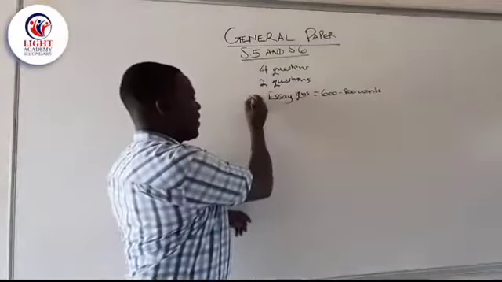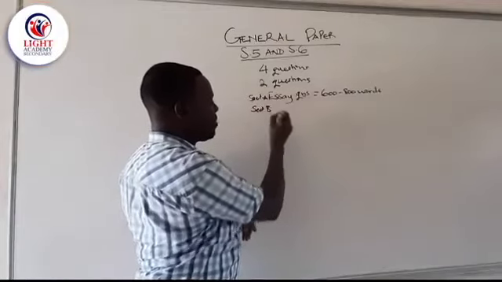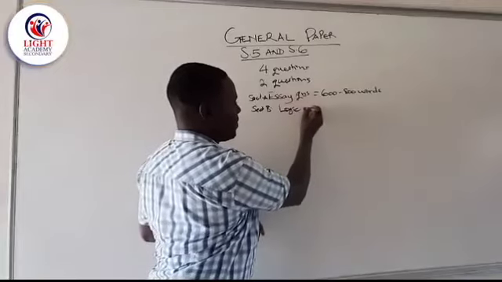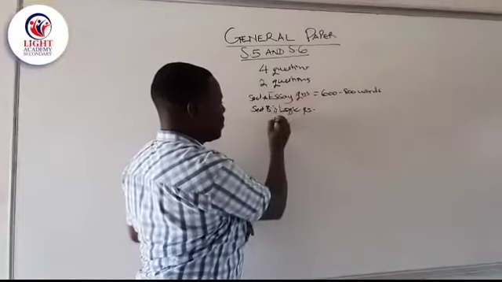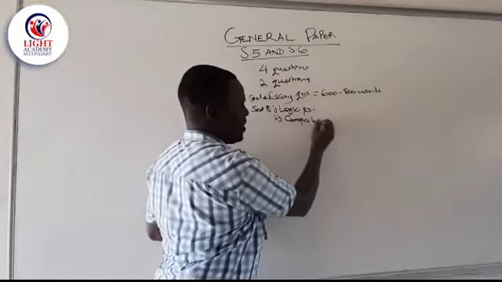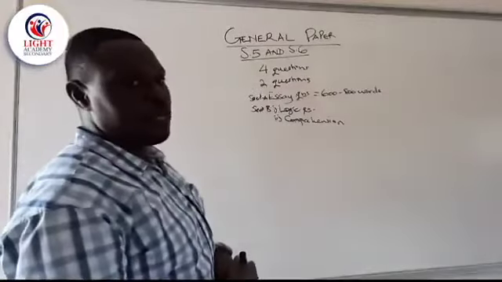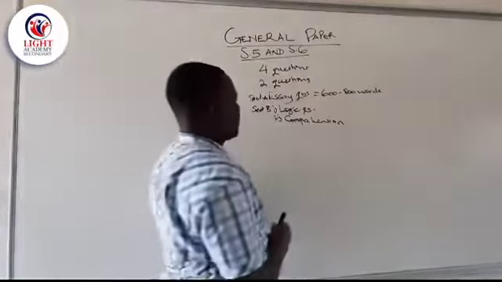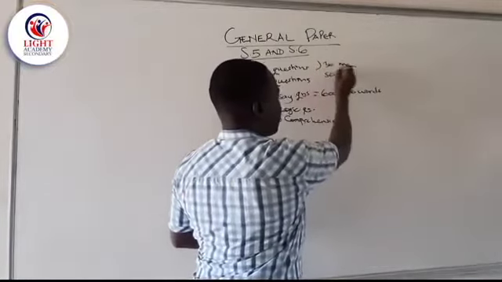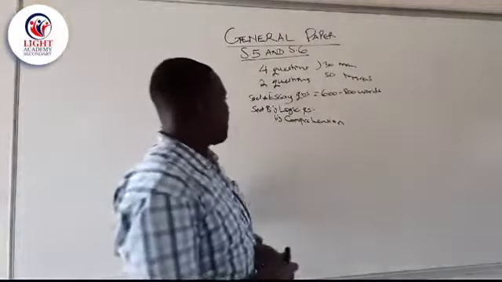That is section A. Section B, I told you, comprises of 1, the logic question, and 2, the comprehension question. And remember, each section is marked out of 50. All questions carry the same marks.